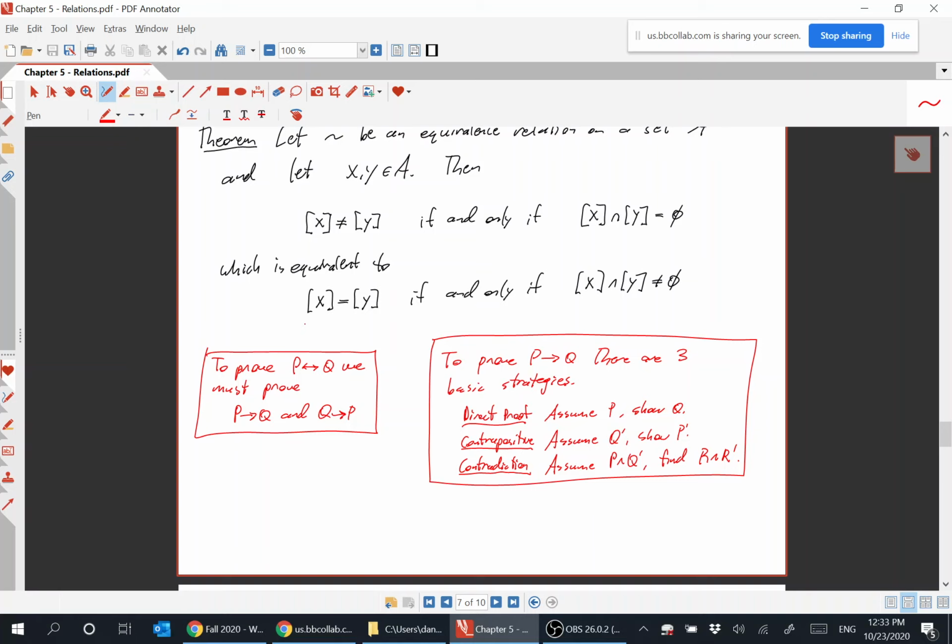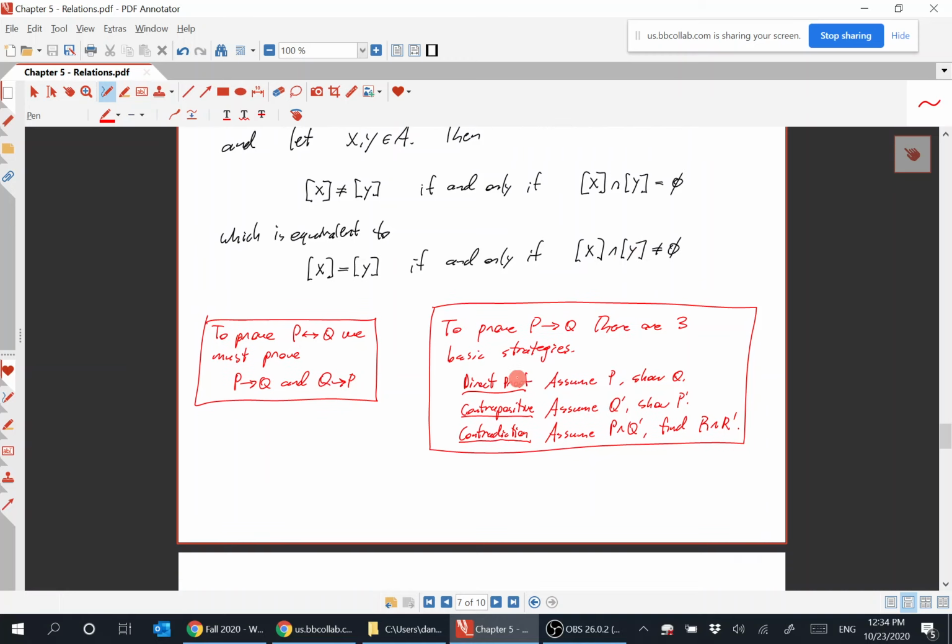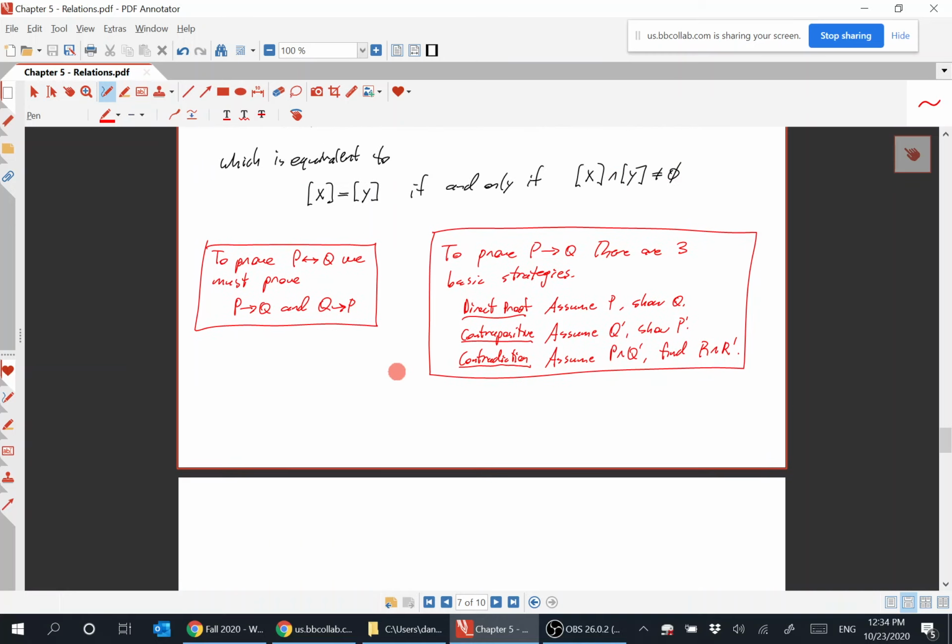Well, the first direction is trivial, so instead of writing just P implies Q and Q implies P, or just an arrow, I'm going to write down the implication. So first, let's show the equivalence class of X equal to the equivalence class of Y implies the equivalence class of X intersect the equivalence class of Y is non-empty.